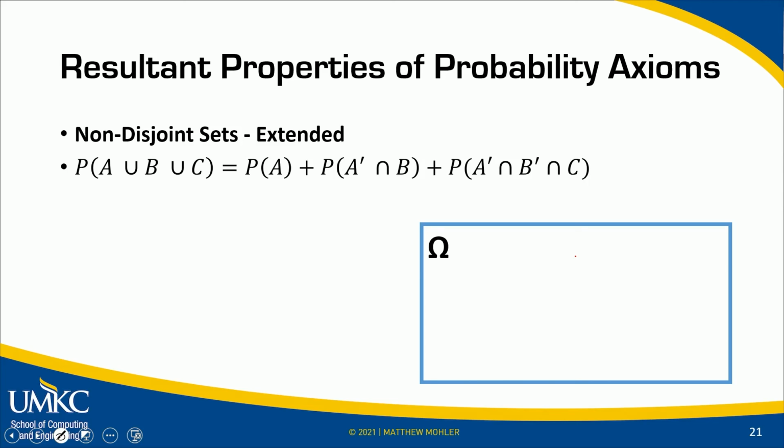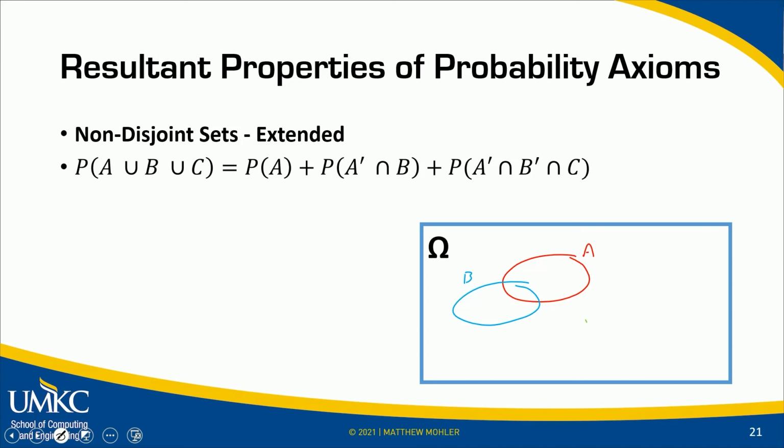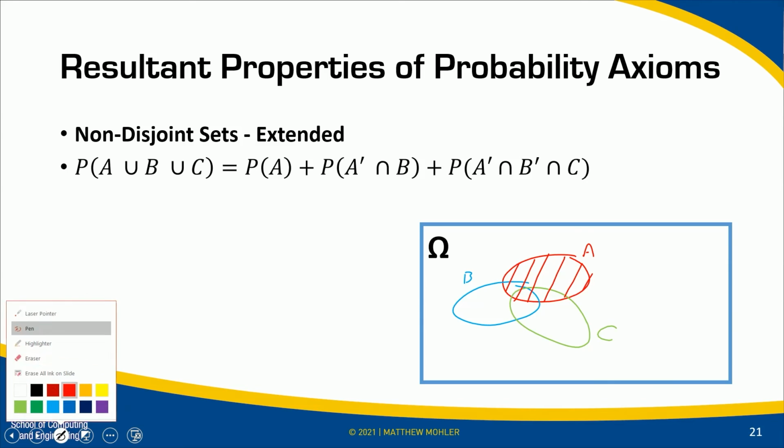If we have an A, a B, and then some third area C, we can write this probability, or this set space, as the area A, so everything that is A, including that which is part of B and C.